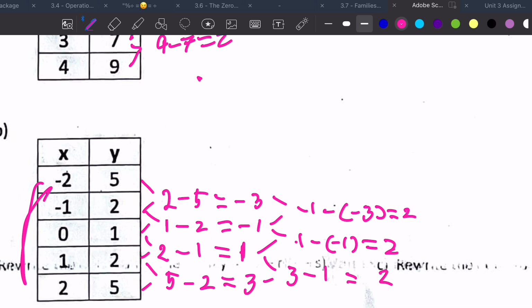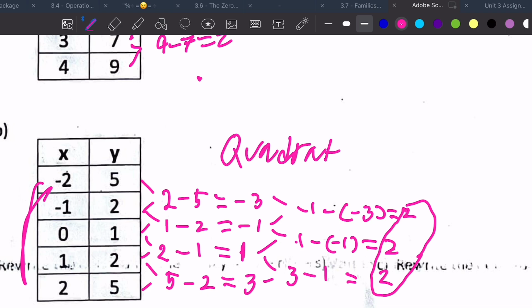Voila, look at that. Second differences are all 2. So is it linear, quadratic, neither? Quadratic. Bam.